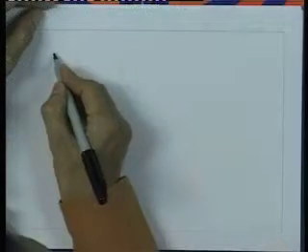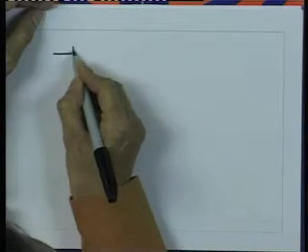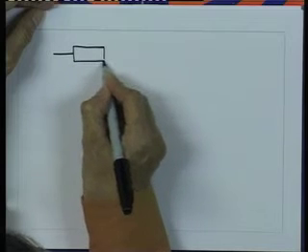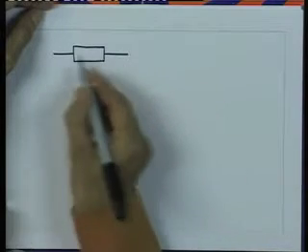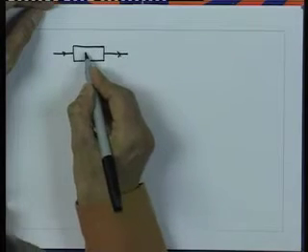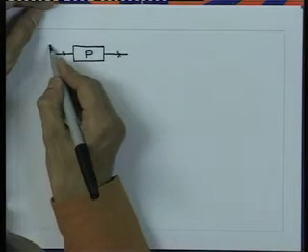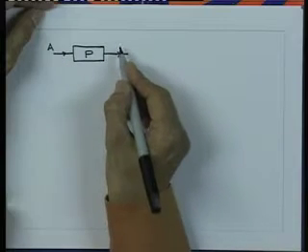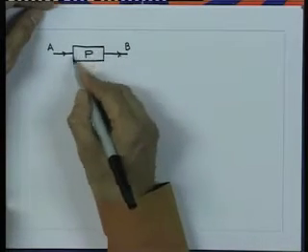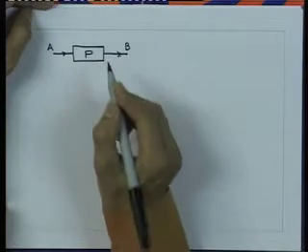So, the information channel was denoted by this figure as shown here. A is the input alphabet, B is the output alphabet, and P is the channel matrix.